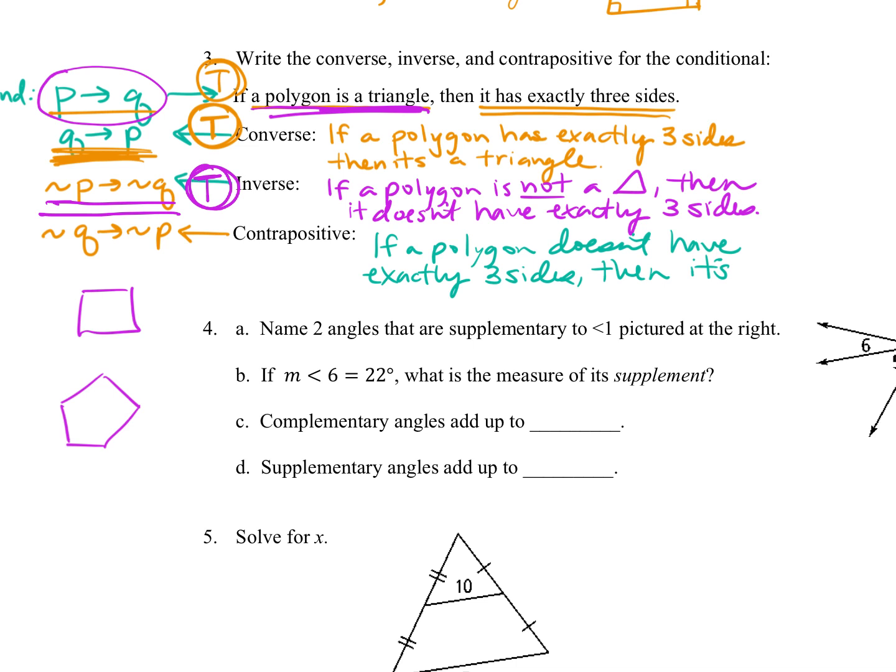Then it's not a triangle. I mean, that is true. Okay, if a polygon doesn't have exactly 3 sides, then it is not a triangle. Is that true? That is true. If the polygon doesn't have exactly 3 sides, then it's not a triangle.